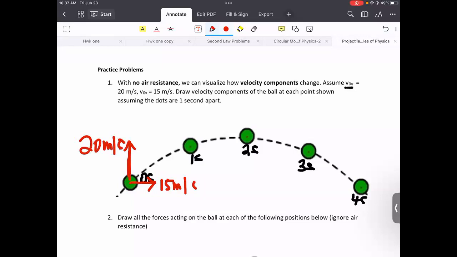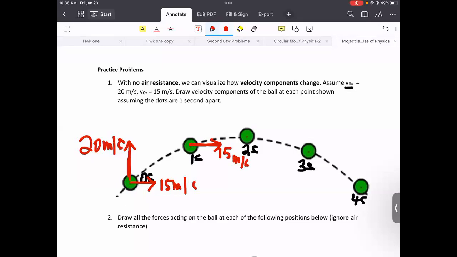And now after a second, I have to remember that the horizontal velocity has to be the same. So it has to be horizontal, the same as before, 15 meters per second. And now for the vertical component, the velocity has to reduce.